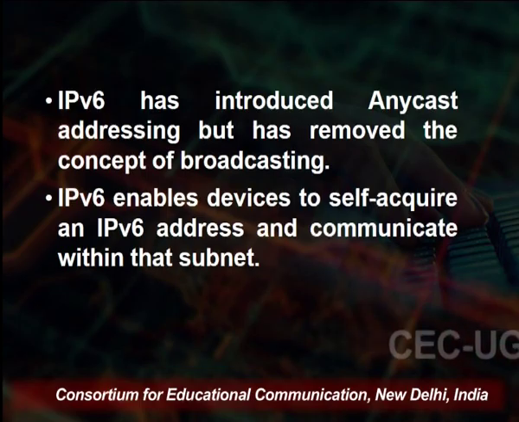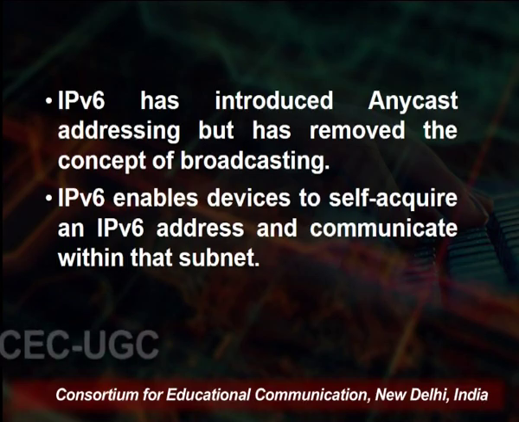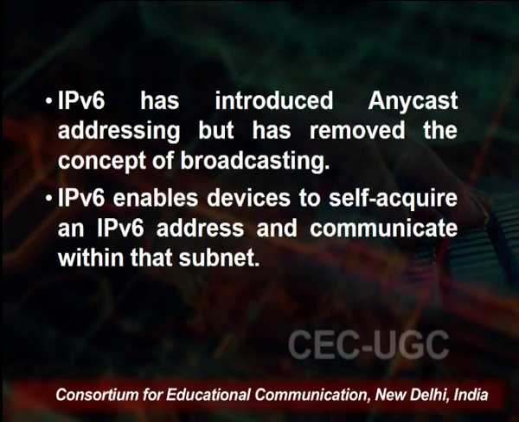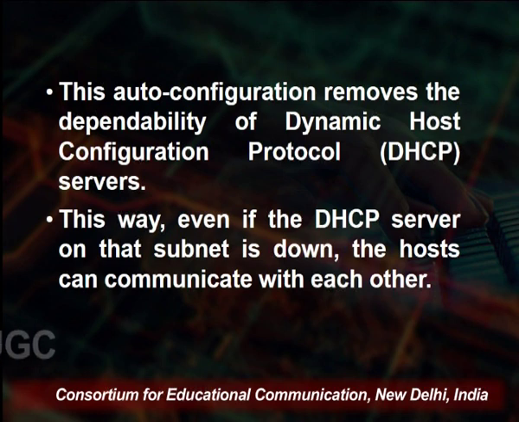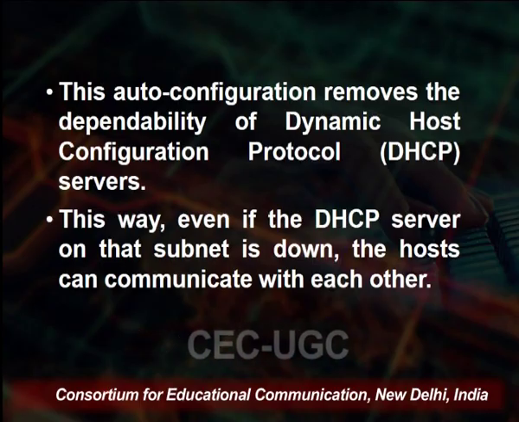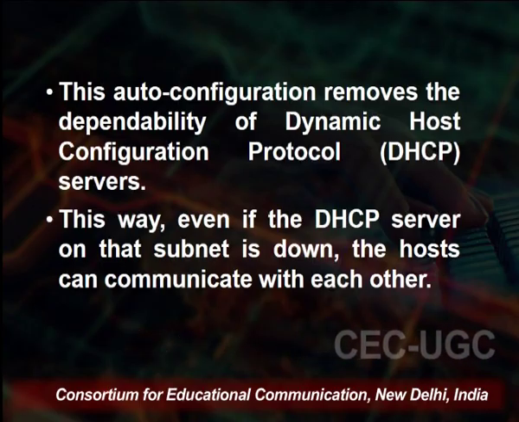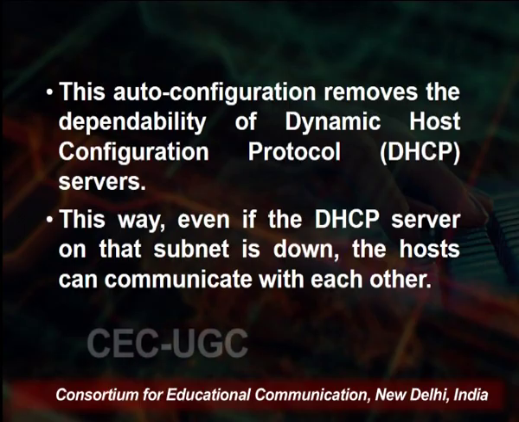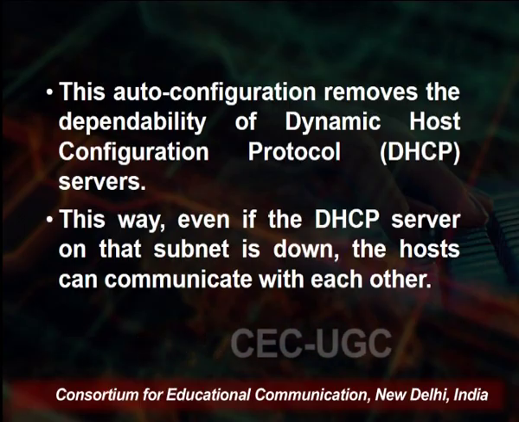IPv6 enables devices to self-acquire an IPv6 address and communicate within that subnet. All these facilities are now available with IPv6, which includes auto configuration. This auto configuration removes the dependency on the Dynamic Host Configuration Protocol server, which is the DHCP server.